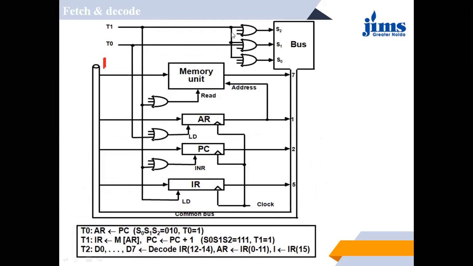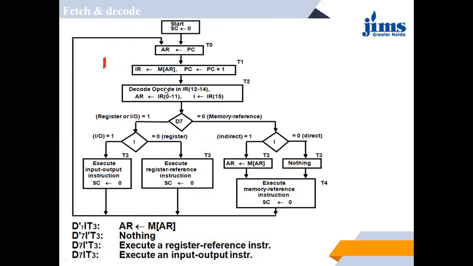From memory we read the content, and after reading we bring it into the instruction register, which is 16 bits. The 12 bits, 0 to 11, in the instruction register are read and written to the address register.